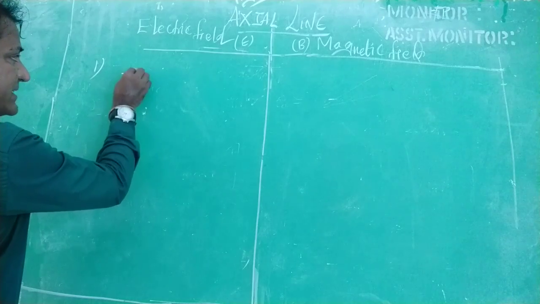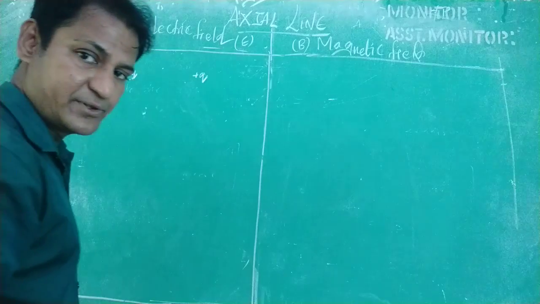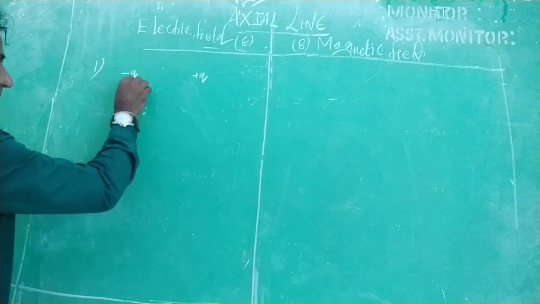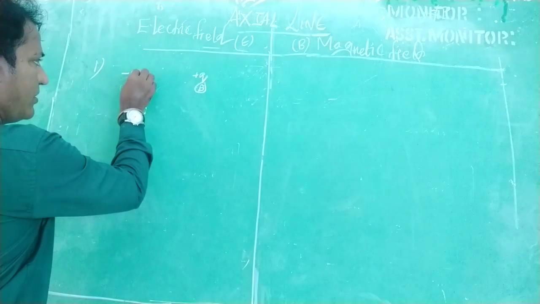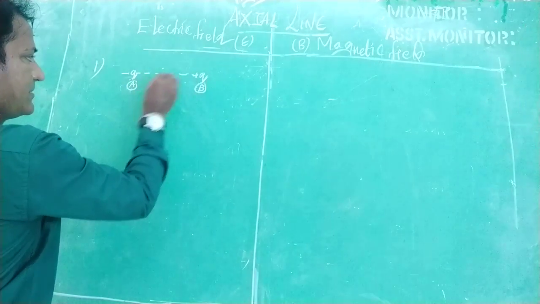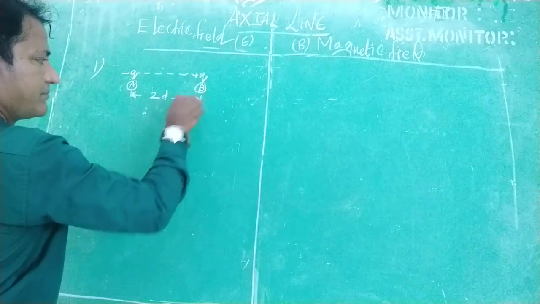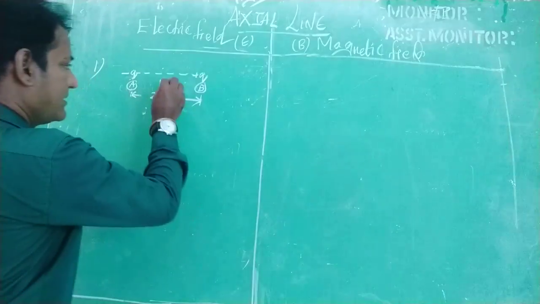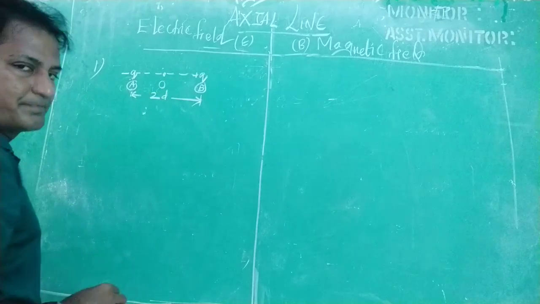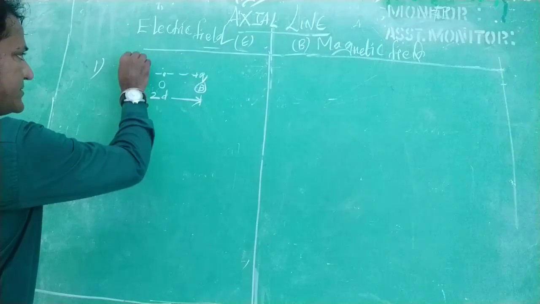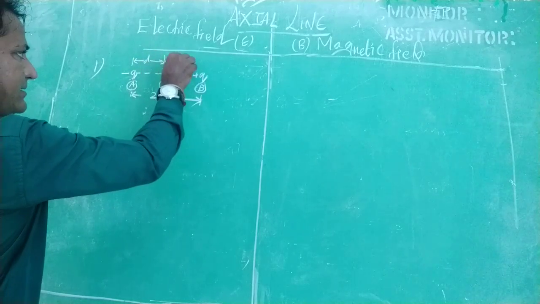Minus Q and plus Q are the two charges of the electric dipole placed at points A and B, separated by a small distance 2d. The midpoint of A and B is taken as O. Here this is d and this is d.